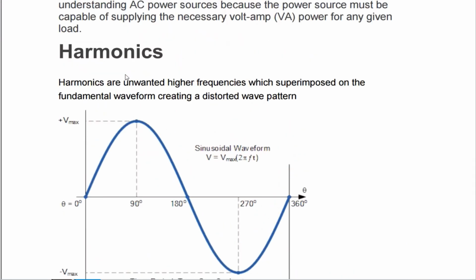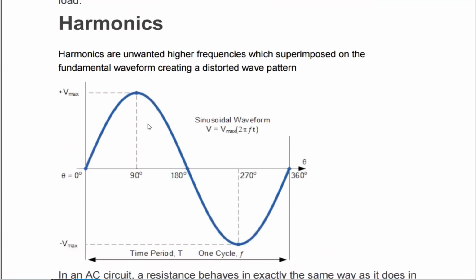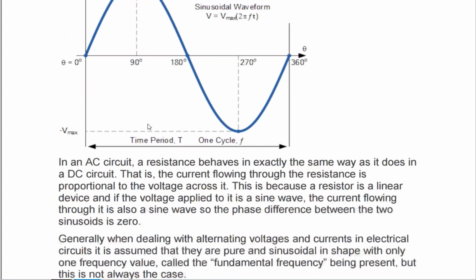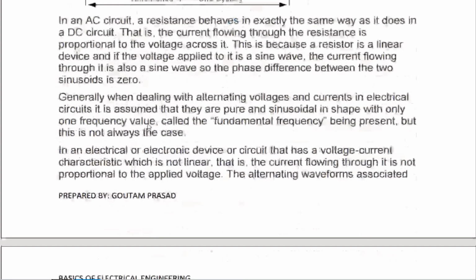Now, you must have heard about harmonics. Harmonics are basically unwanted higher frequencies which are superimposed on the fundamental waveform, creating a distorted wave pattern. These harmonics tend to distort your real sine wave. Harmonics are unwanted in the real sine wave, and they should not be there.